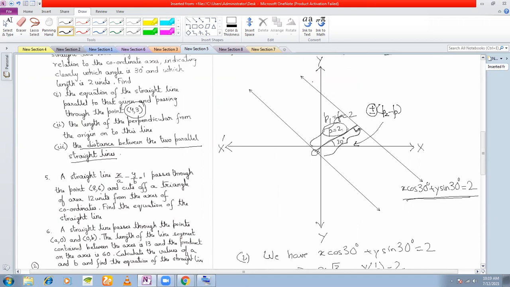We take it because we don't know whether this straight line is this way or whether this straight line is this way. We still don't know, right? So what I'll do here is, I will take a plus or minus sign and I'll take the difference of the perpendicular distances.